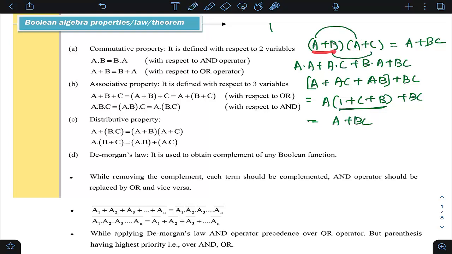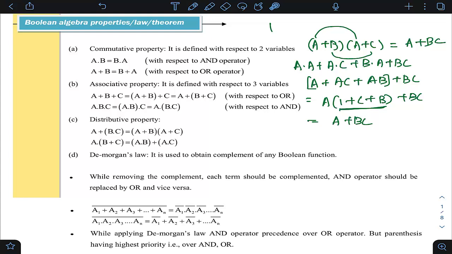So here the first variables are the same, A and A. The answer would be AND of A and A, which is A, plus AND of the second variables, B and C. So A plus BC. I'll be showing you how beneficial this relation is to solve certain questions.